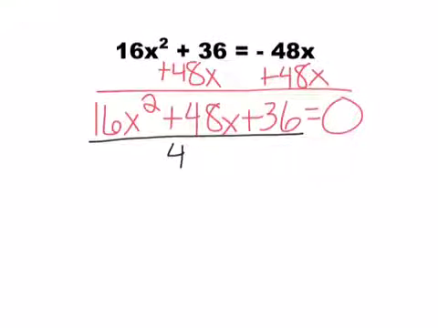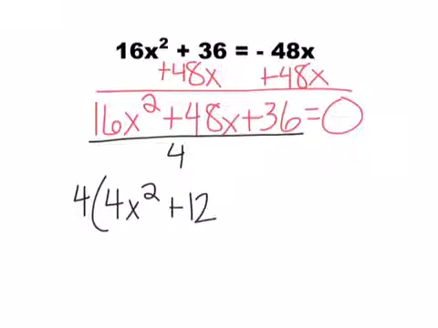If I factor out that 4, I end up with a much smaller problem. I end up with 4x squared, because 4 times 4 is 16. 48 divided by 4 is 12, and the x is still there. And 36 divided by 4 is 9.